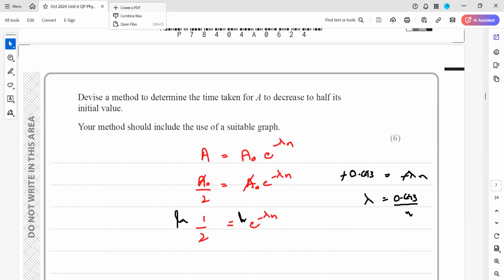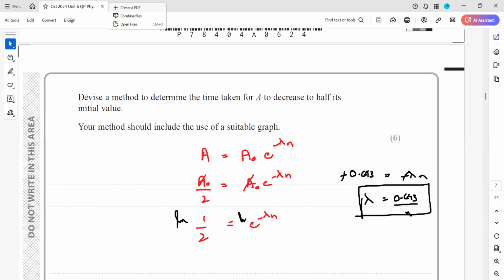But in this one, we don't need the graph here.